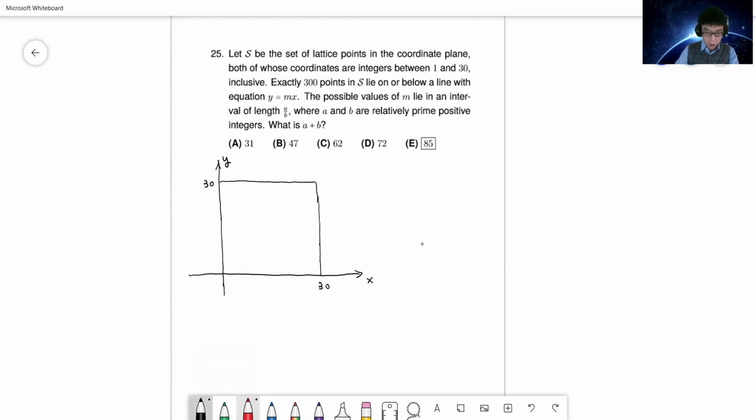And there are 30 squared, which is 900 lattice points with positive coordinates. Now, 300 lattice points takes 1/3 of the total number.